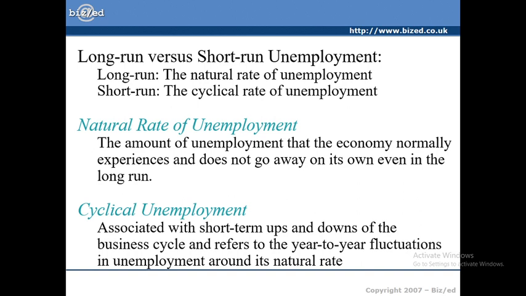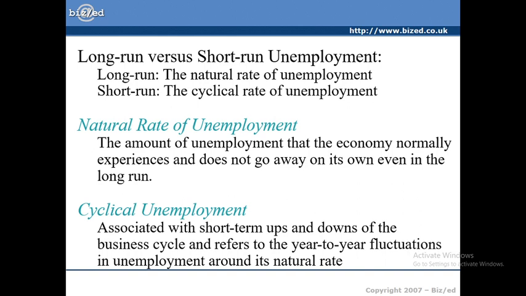That comes to the non-accelerating inflation rate of unemployment, which we are going to discuss in detail. But in a gist, it is the amount of unemployment that the economy normally experiences and it does not go away on its own even in the long run.